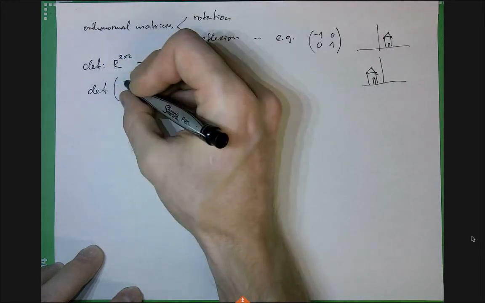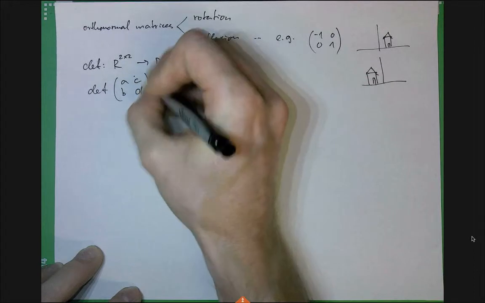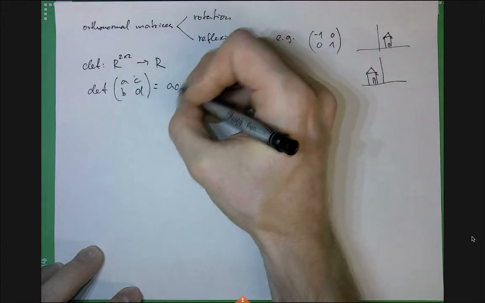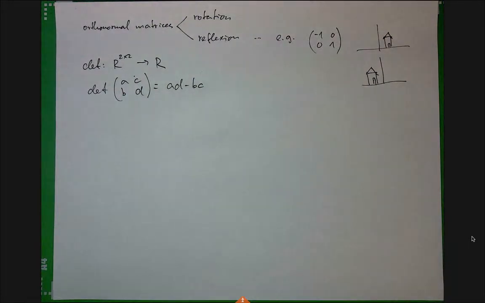For a matrix A, B, C, D, the number is simply AD minus BC. That's the determinant of a 2x2 matrix, some number that tells us something about the matrix. There are lots of important properties, and we will talk more about determinants in a later lecture.